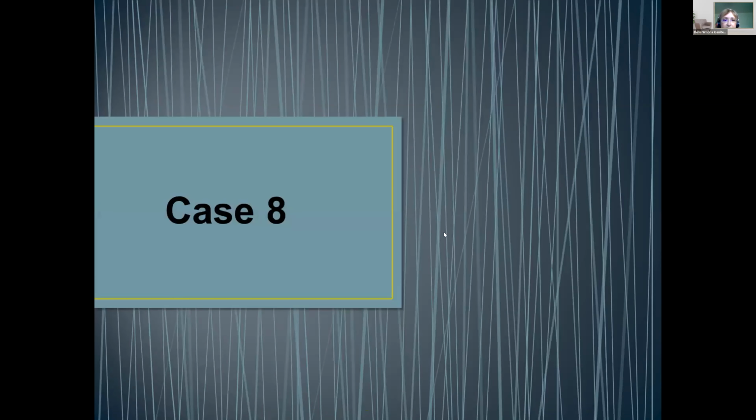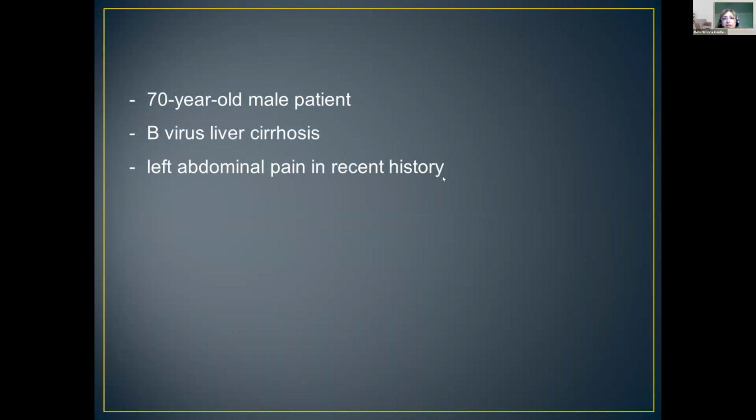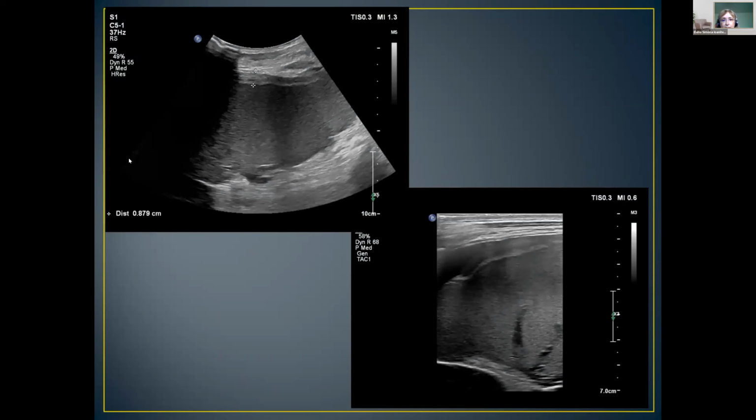And the last case, a 70-year-old male patient with B-virus liver cirrhosis, with left abdominal pain in recent history. This was the spleen.